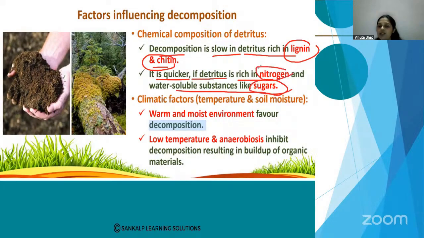Climatic factors like temperature and soil moisture matter: a warm and moist environment favors decomposition. Low temperature and anaerobiosis inhibit decomposition, resulting in the buildup of organic material. This is how the factors affect decomposition.